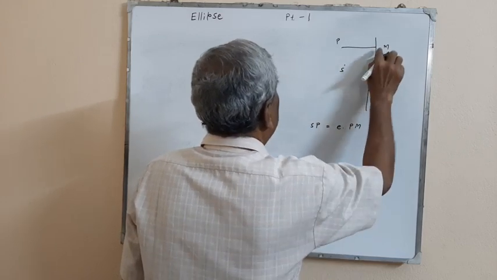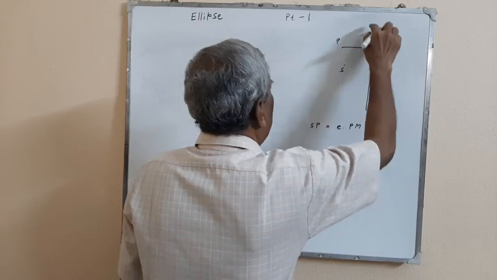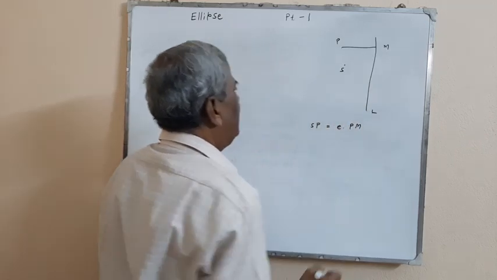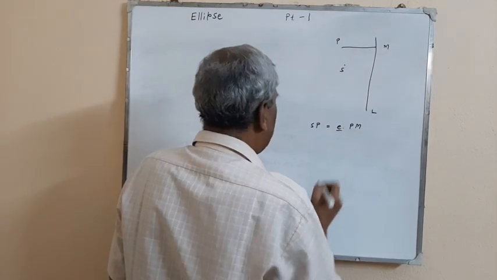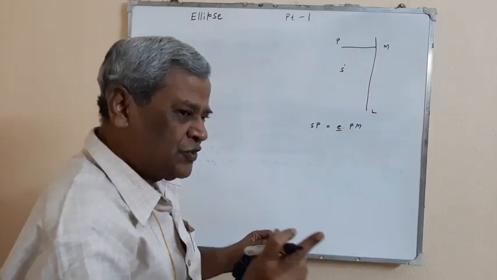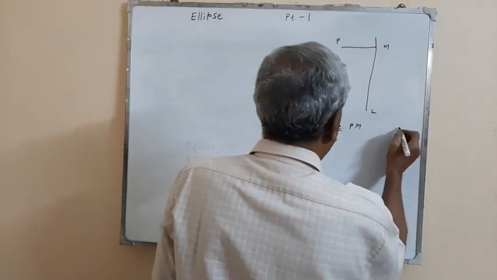M is the foot of perpendicular from P to the fixed straight line L, and E is a particular constant less than 1.